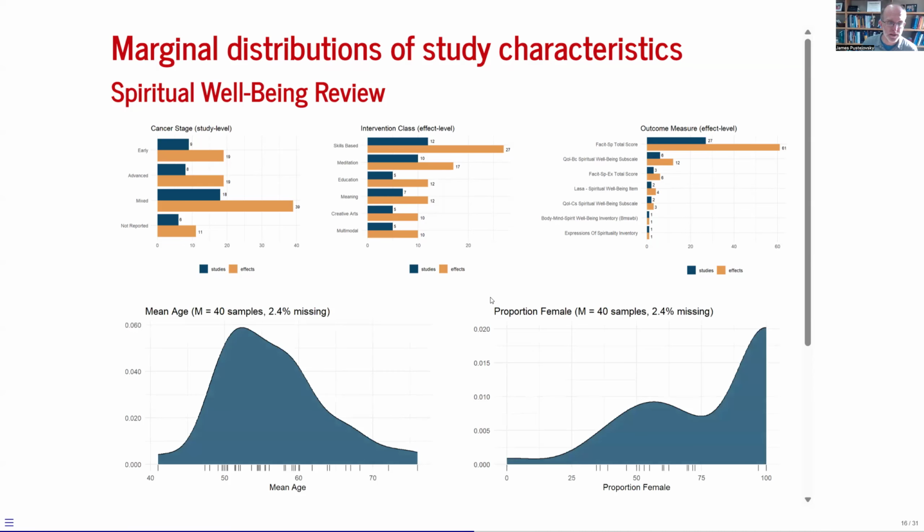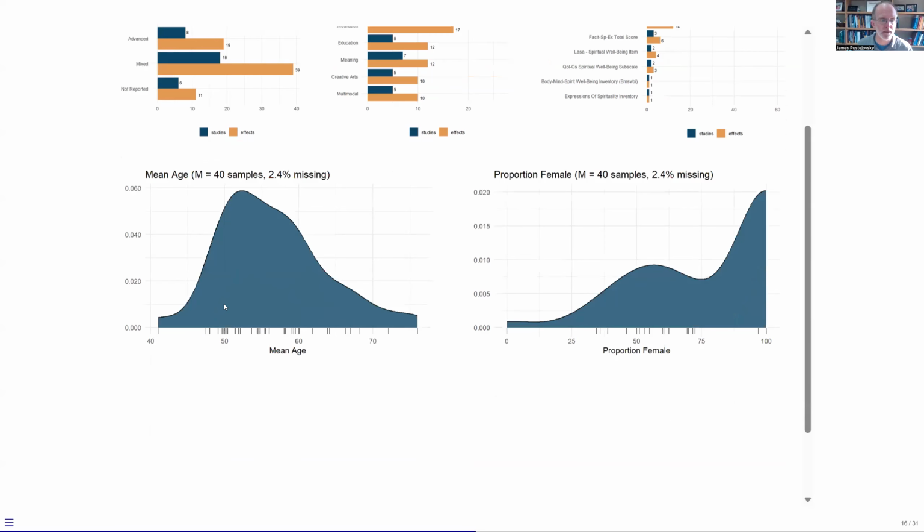For continuous moderators, things like density plots might be useful. So for example, here's the average age of the samples in each included study. I think 40 out of 41 studies reported this, so that means 2.4% of the data are missing. Here's the proportion female. It ranges from all male to all female.